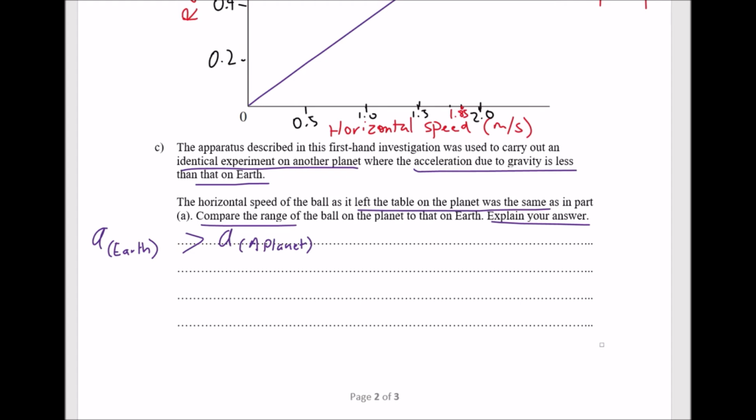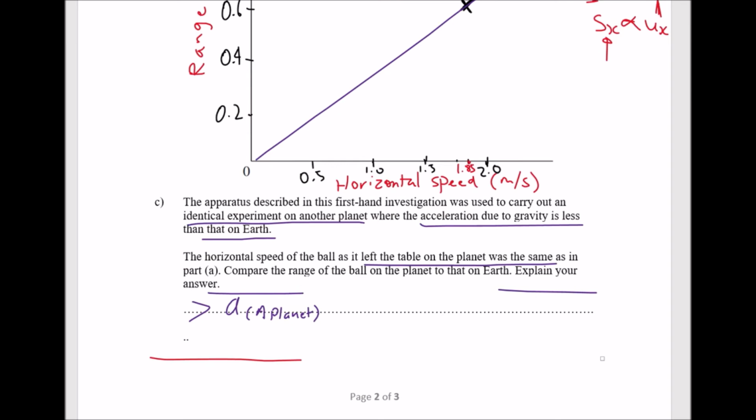I'm just going to do this in sort of highlighted ways just so you can see. You don't have to follow this exact formatting of a response, but this would ideally be what you would like to do because you want to paint the picture really clearly to the marker. So I'm just going to write comparison. That's just so the examiner knows that I've done the comparison.